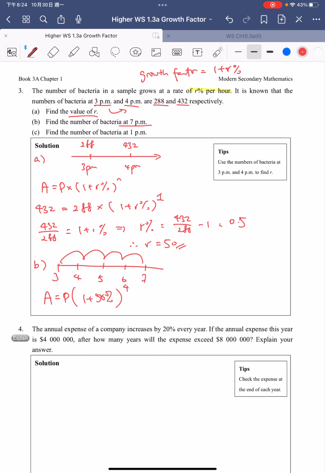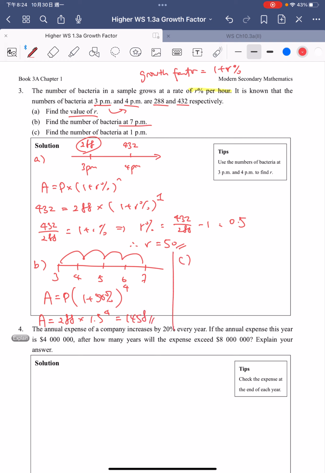P is the past value, which is 288, so A is equal to 288 times 1.5 to the power of 4, which gives the answer of 1458. Okay, so that's for question B.